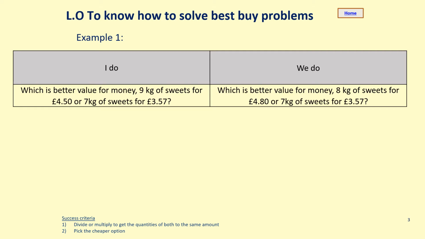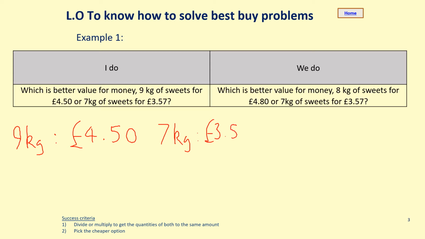So let's write those deals side by side. So in deal 1, we have 9 kg for £4.50, and in the second deal we have 7 kg for £3.57.